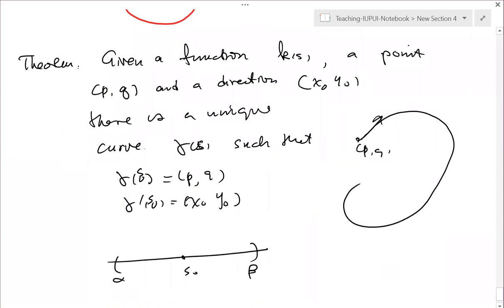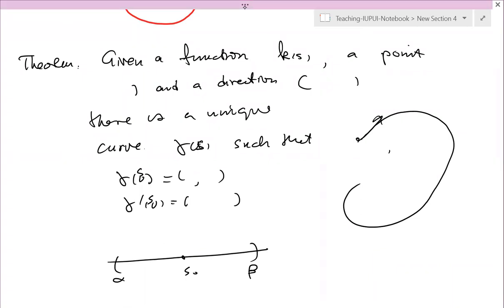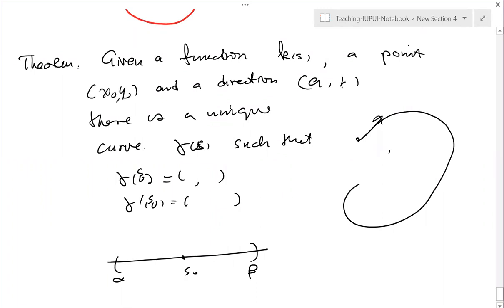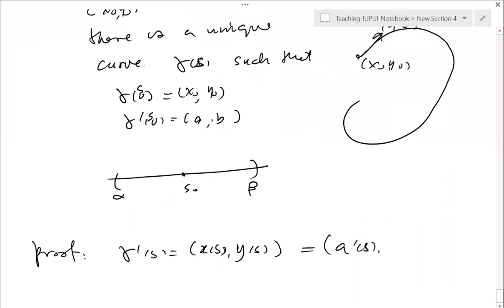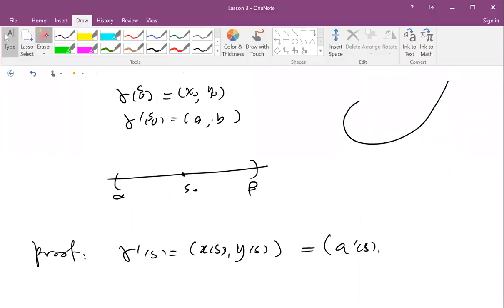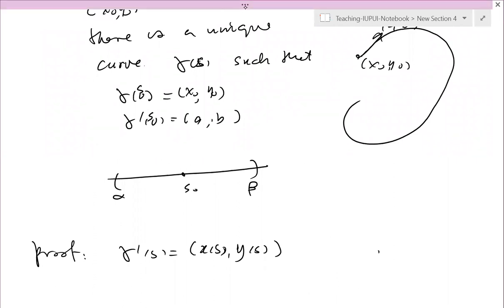Yeah, it's better to change it right now. Okay, at the point X naught, Y naught in the direction A and B. How about like that, right? Then this will be X naught, Y naught, and here's A and B. So you have this, right?